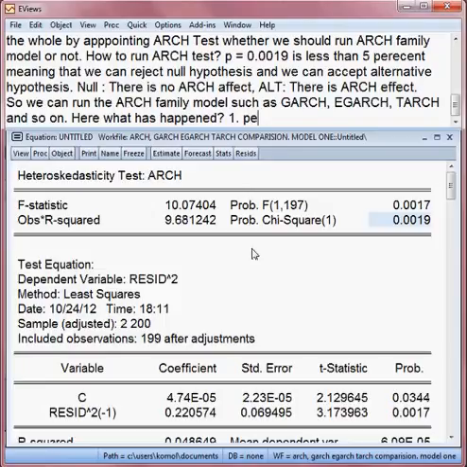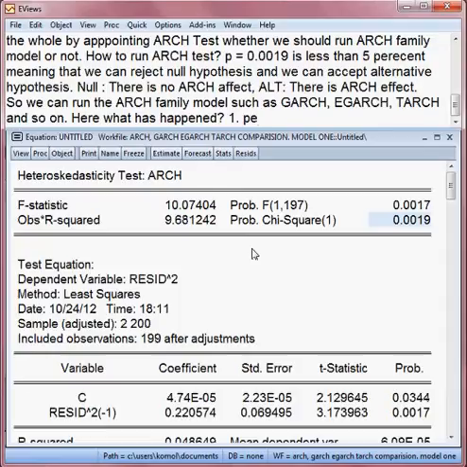At the same time, periods of low volatility have been followed by periods of low volatility for a prolonged period. So we can easily run the ARCH model.